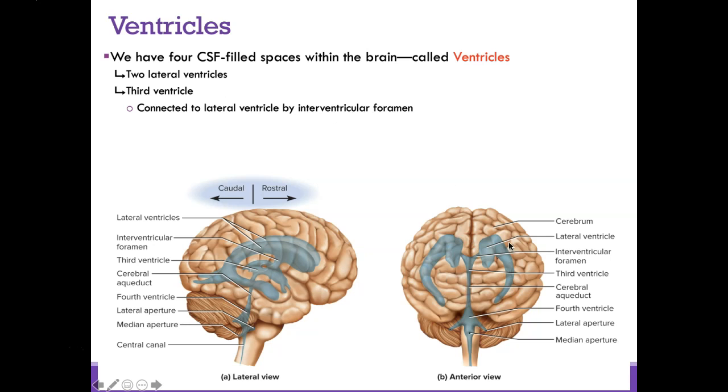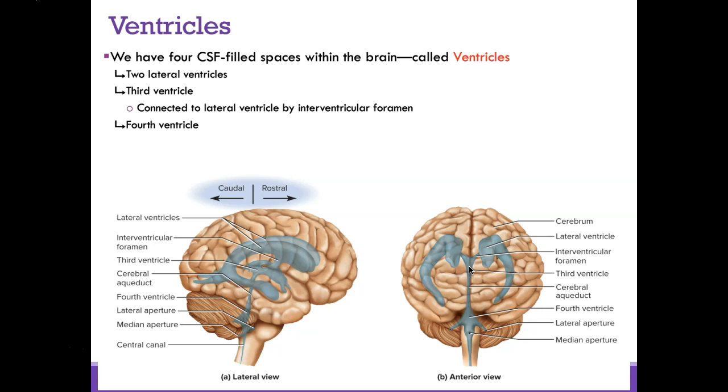I like this anterior view a little better because you can see these are the 2 lateral ventricles, and they connect to the third ventricle over here via the interventricular foramen. So it's like a hole. It's a space that allows the lateral ventricles to connect to the third ventricle.